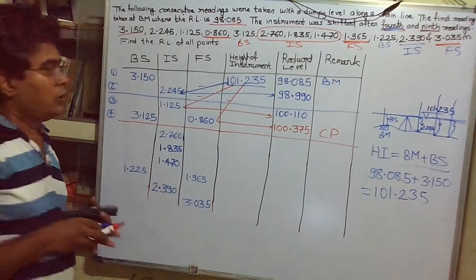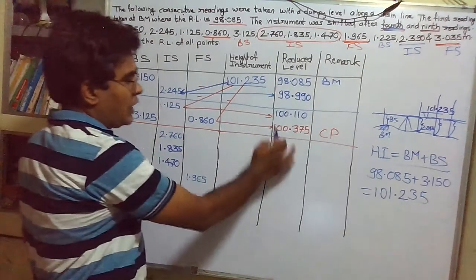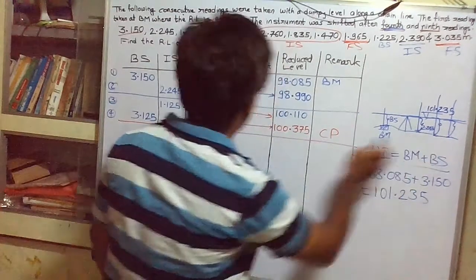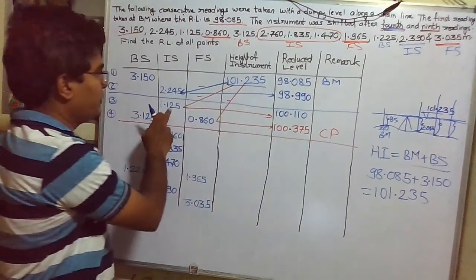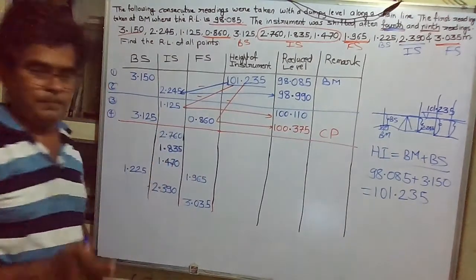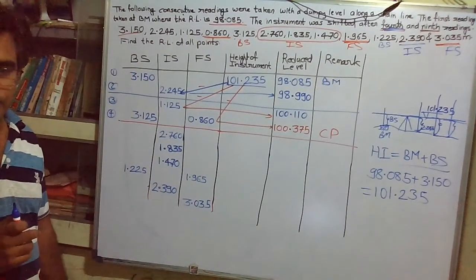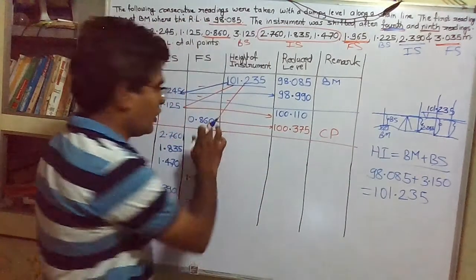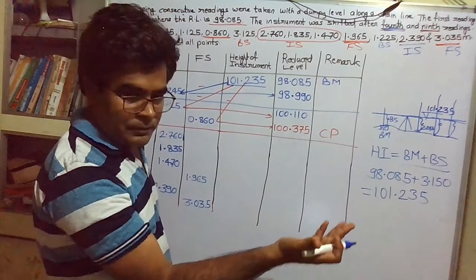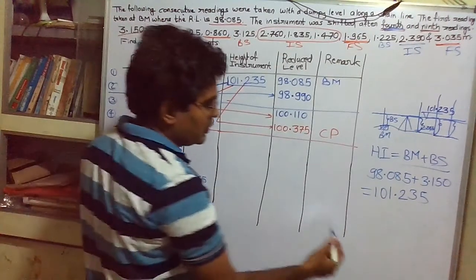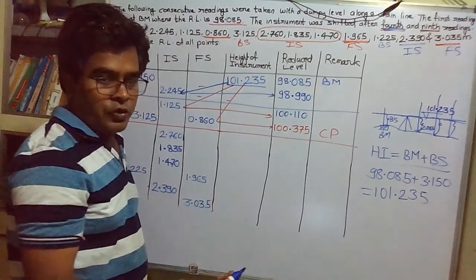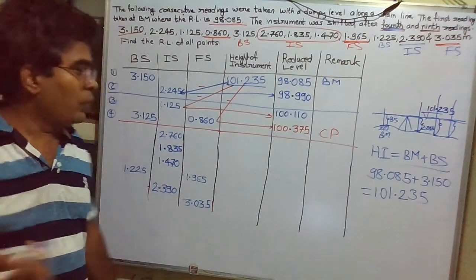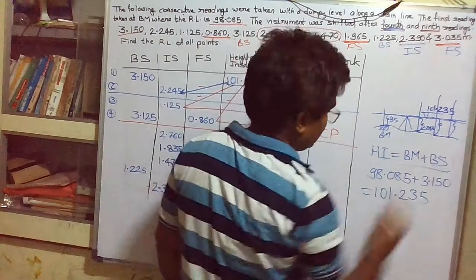Now up to this we got the RL of different points on the ground just by subtracting the staff reading from the height of instrument. Now after this reading we have shifted the instrument to a new location. So our height of instrument will be different.